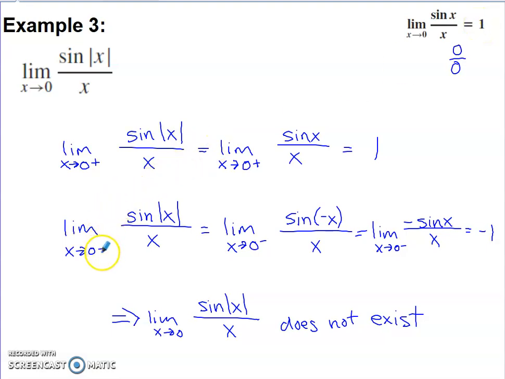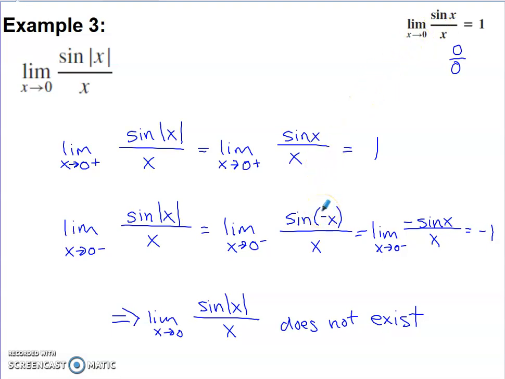Now on the smaller side of 0, the absolute values are going to change the sign of whatever ends up inside them. I can change the sign manually with a negative and drop the absolute values. Now this part is a little bit sneaky as well. I want to be able to use this result again.